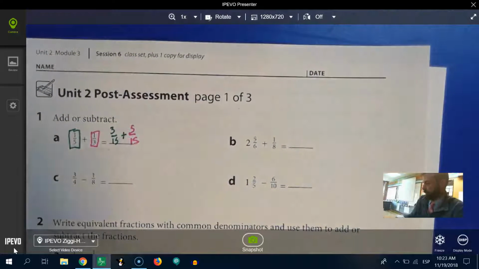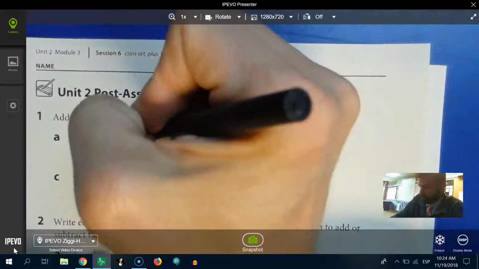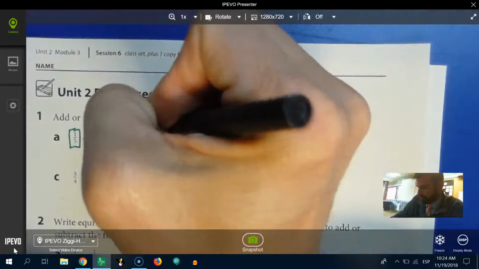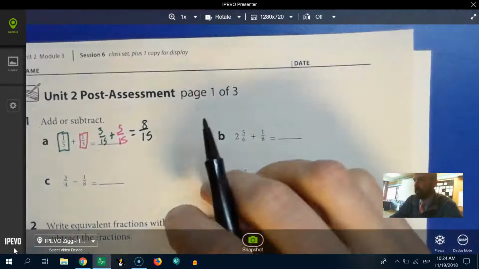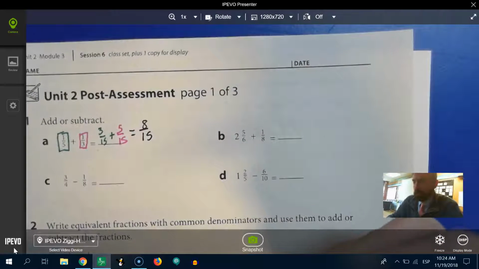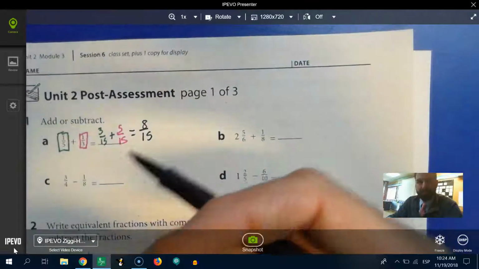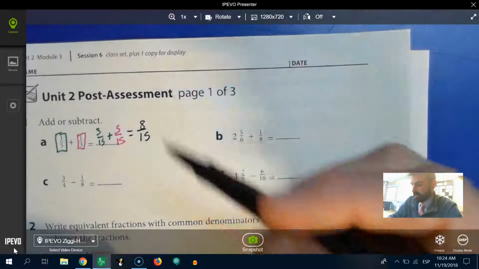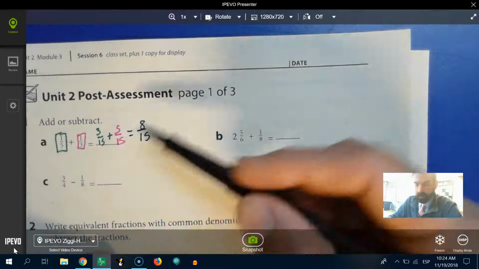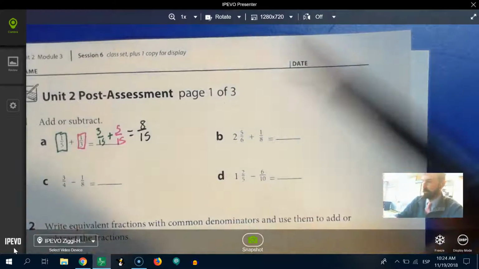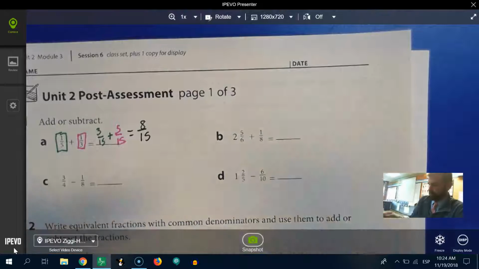And so that is going to get me 8 15ths. So I need to know how to do equivalent fractions. I need to know that I never, ever add the denominators together, because then I'm changing the size of the pieces. And I need to figure out how to get a common denominator and then go from there and add the numerators there. Okay.